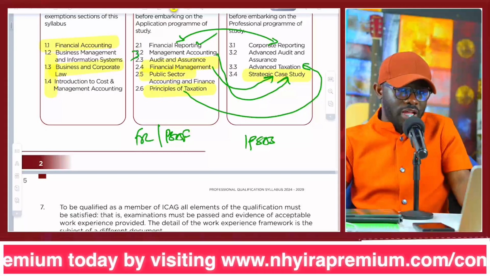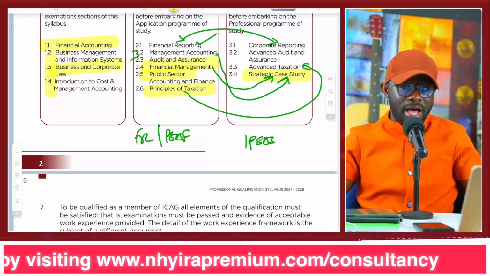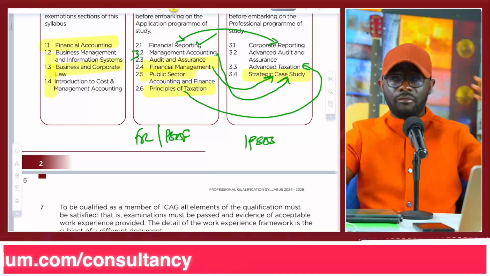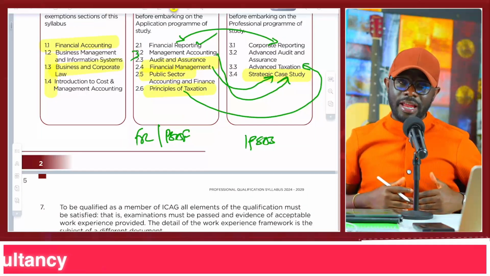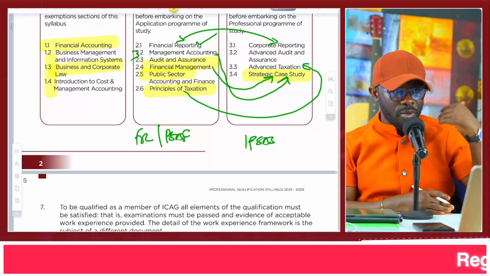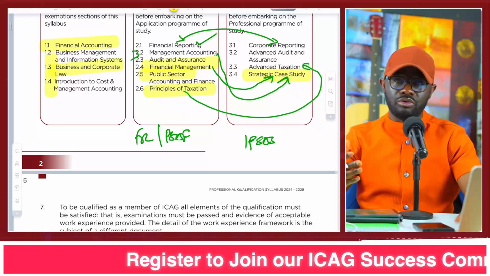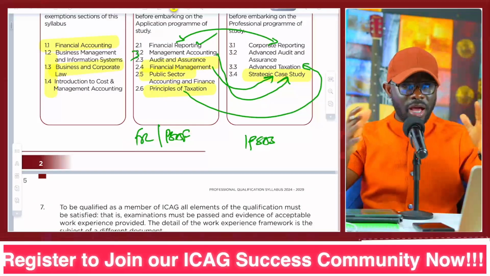Again, it is prudent for you to sit for a paper and pass rather than sitting for 2, 3, 4, 5 papers together and then you don't do well, because that will be more discouraging than if you just sat for a paper or 2 and passed everything. So you have to be mindful of that.